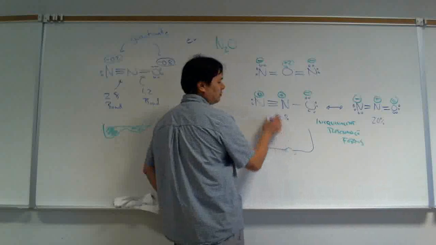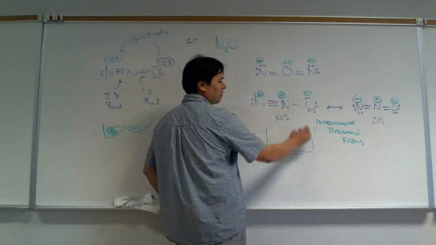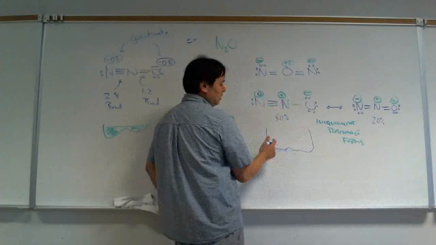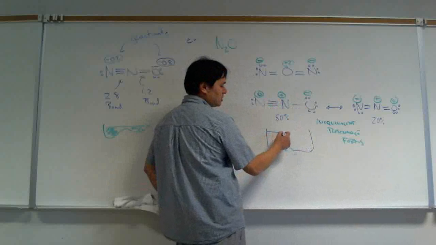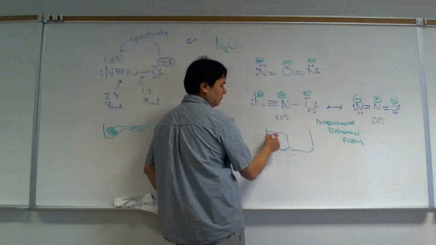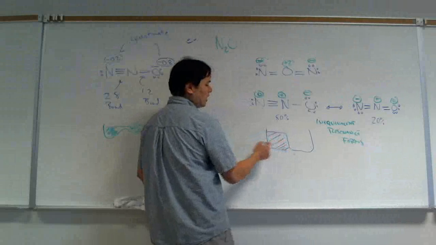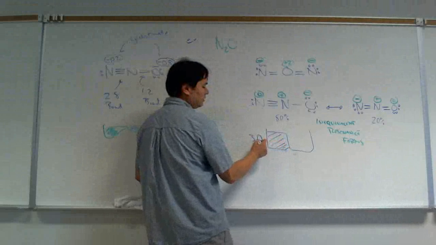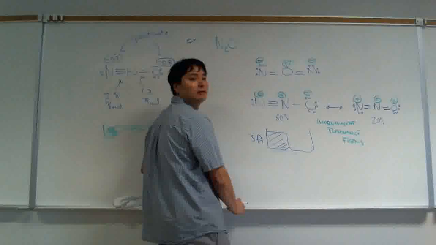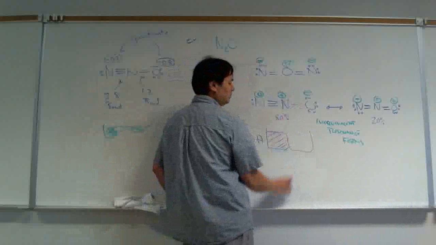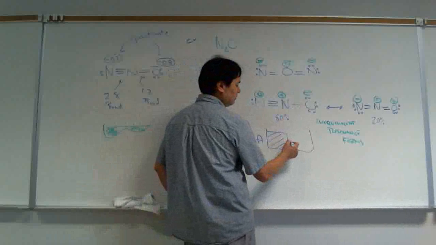Over here we have the left bond, this triple bond. Over here we have the right bond, right? Over here we have 3 times as much electron cloud. For analogy, we're going to call it 3 feet. Over here we have 1 foot.